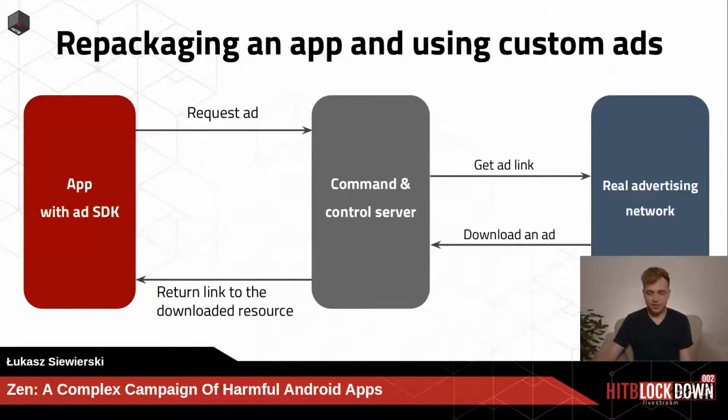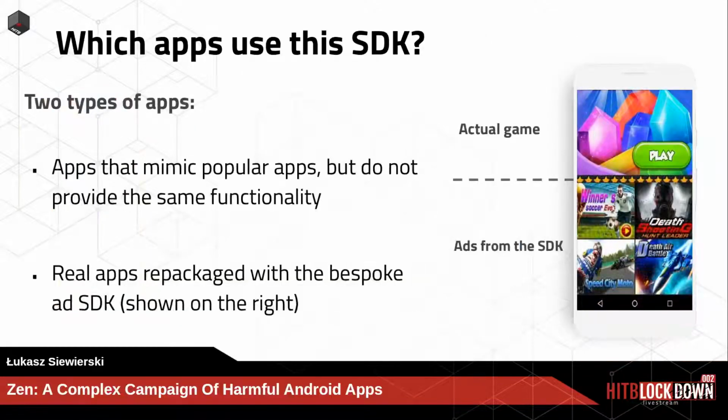This is a fairly easy concept, and the apps that use this SDK can be divided into two groups. So first one is what you can see in the screenshot here. It's the actual game that's on top, and when you click on play, you will go to the game and have the same experience as you would if you were playing a game. And what you see below the play button are ads. And these ads are coming from the ad SDK.